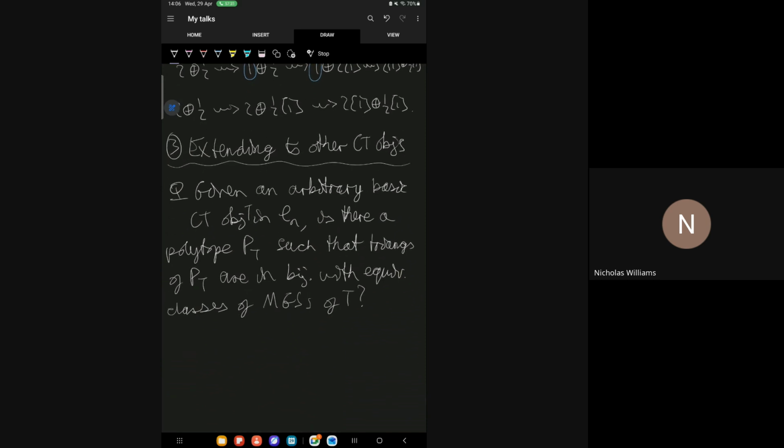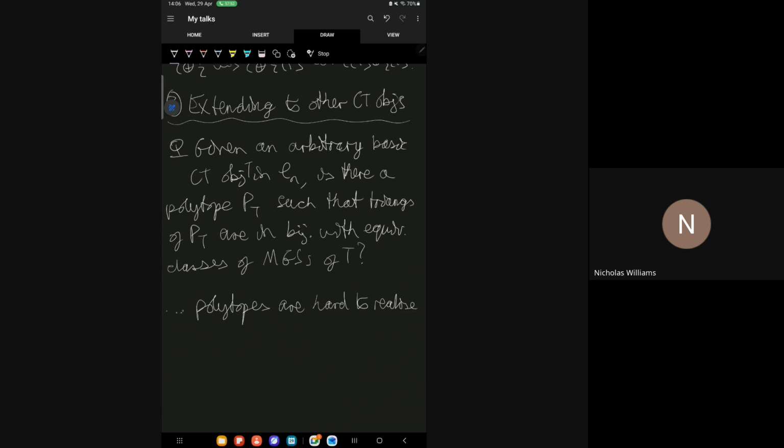Here's kind of the reason why this is maybe a difficult question. Polytopes are hard to realize. By which I mean, it's often hard to explicitly write down a polytope which has the properties you want, but also to write down specific coordinates, for instance.